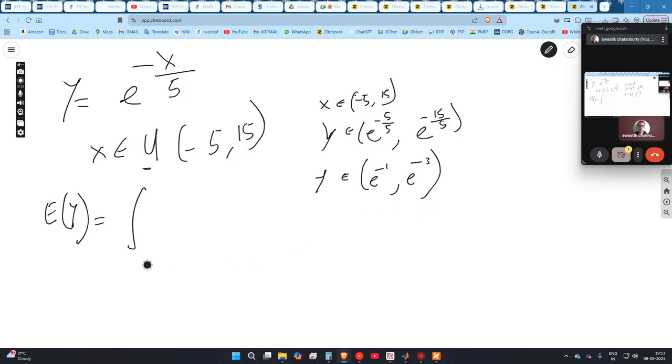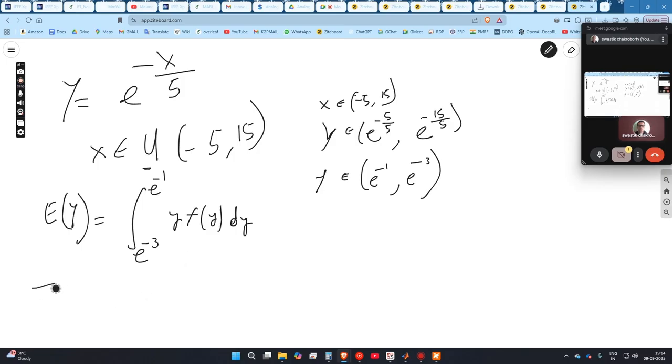So the lower limit is e to the power minus 3 and the upper limit is e to the power minus 1, and you do y dy.